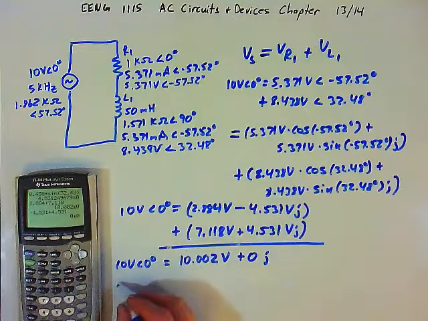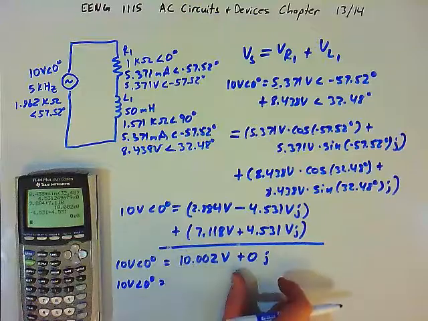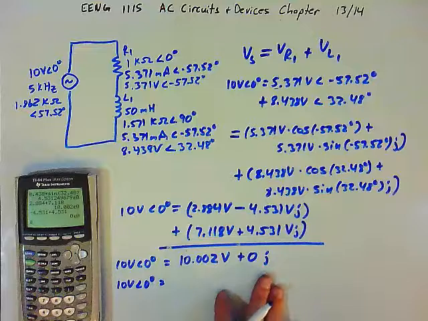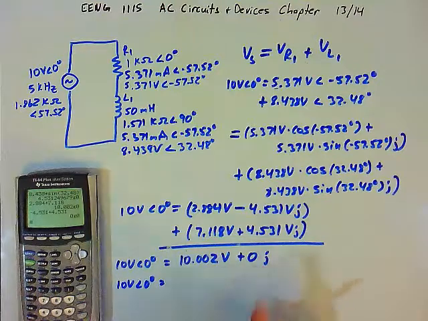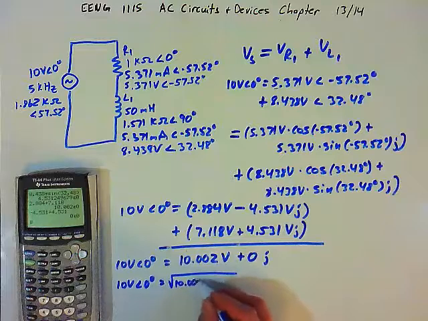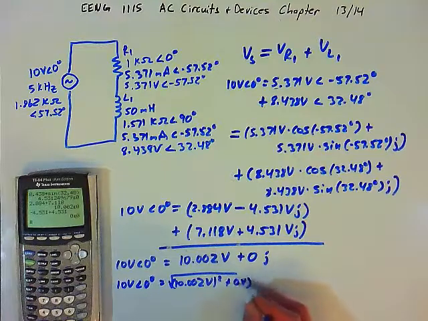And so we'll go ahead and do that. Is 10 volts at 0 degrees equal to this rectangular form of the vector? It is. You can probably see that already, but I'll go ahead and do it anyway. We're going to take the square root of 10.002 volts squared plus 0 volts squared.